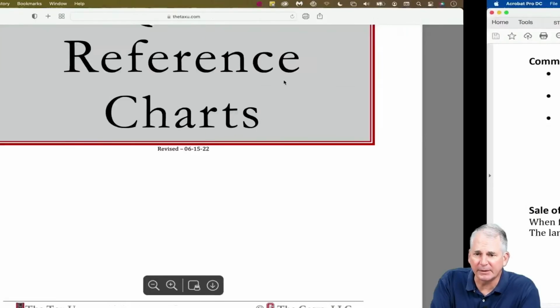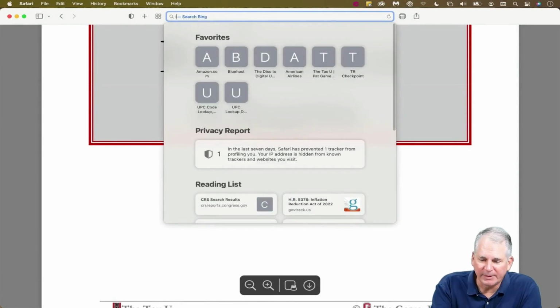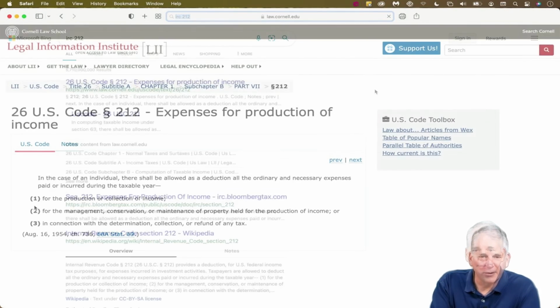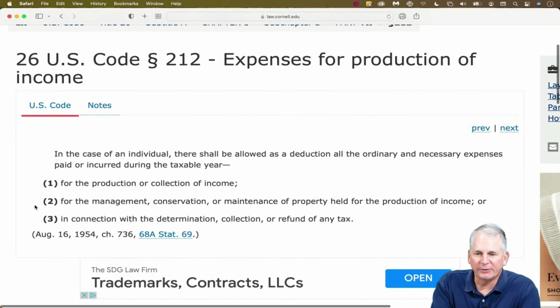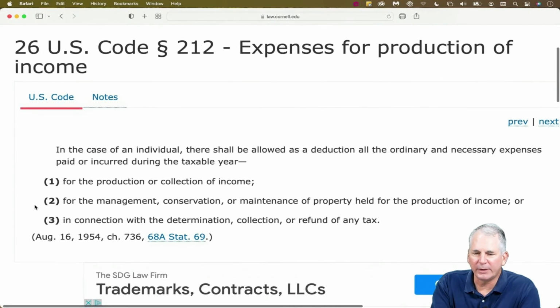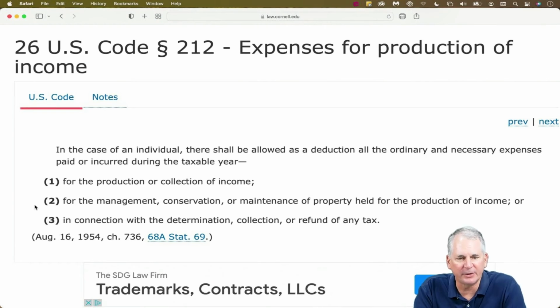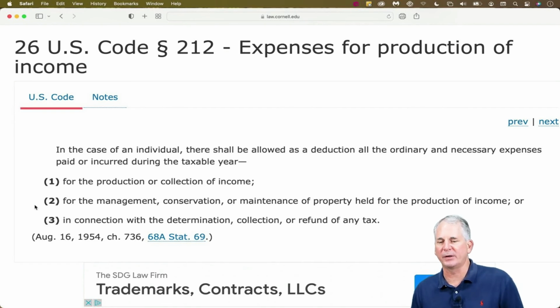Hey, jumping out to the internet, where everything out here is true, Code Section 212 says, in the case of an individual, there shall be allowed a deduction for all ordinary and necessary expenses paid or incurred during the year for the production or collection of income, for management, conservation, or maintenance of property held for production of income.